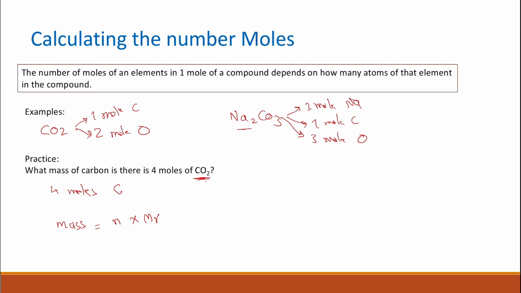The relative formula mass for carbon dioxide is 44, but now we are only looking at the mass of carbon, so we will multiply the number of moles times the relative atomic mass of carbon, because we are not looking at the mass of the compound, we are looking at the mass of the atom. So we need to calculate how many grams there are of carbon. The relative atomic mass of carbon is 12. So we will multiply 4 times 12. So it's 48 grams.